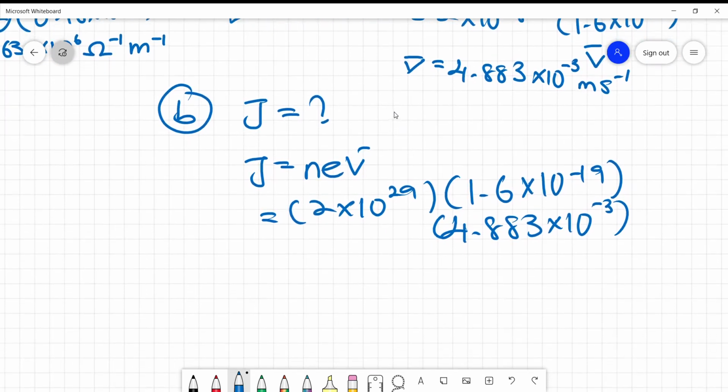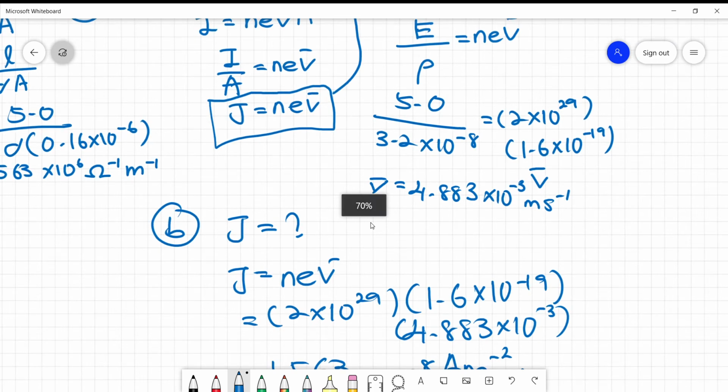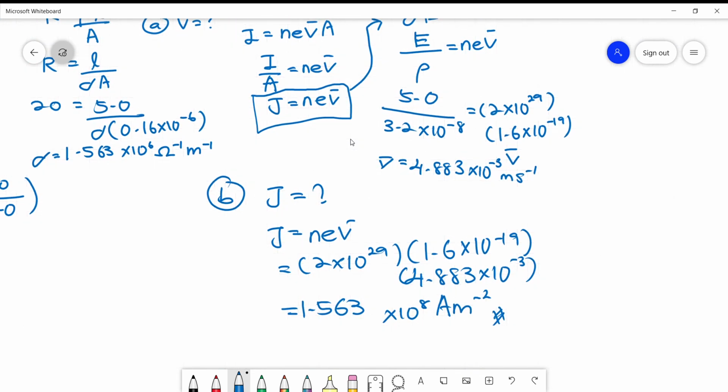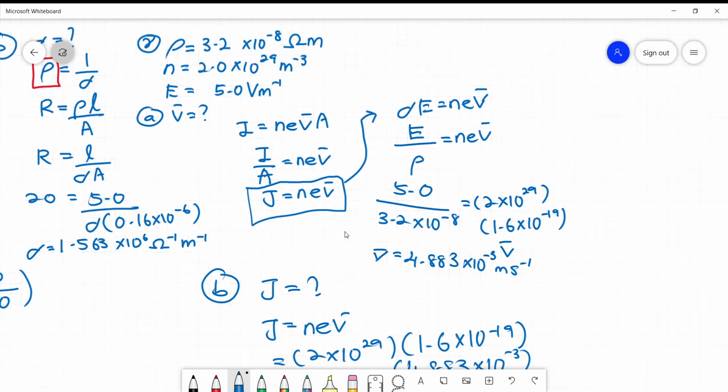The final answer for the current density is 1.563 times 10 to the power of 8 ampere per meter squared. So this is how we find the drift velocity and the current density from the information provided by the question.